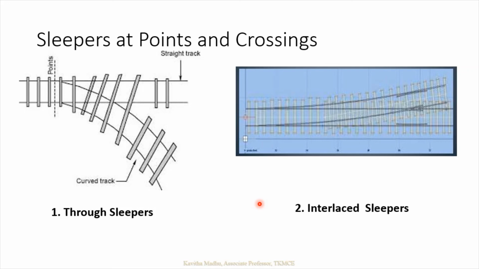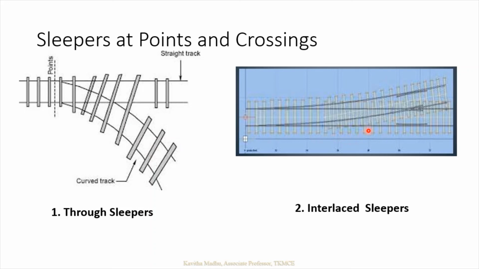You can see here this is a right hand turnout and this one is an example of a left hand turnout. I hope the difference is clear to you. If you are standing at the switch portion or the point portion and looking towards the crossing, if the branch line is deviating towards the right, then it is a right hand turnout.